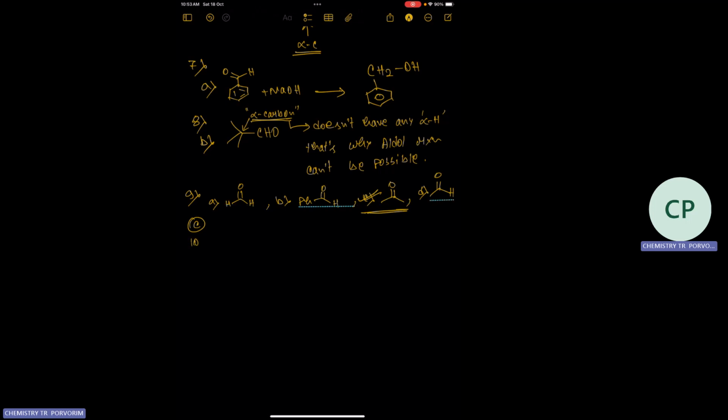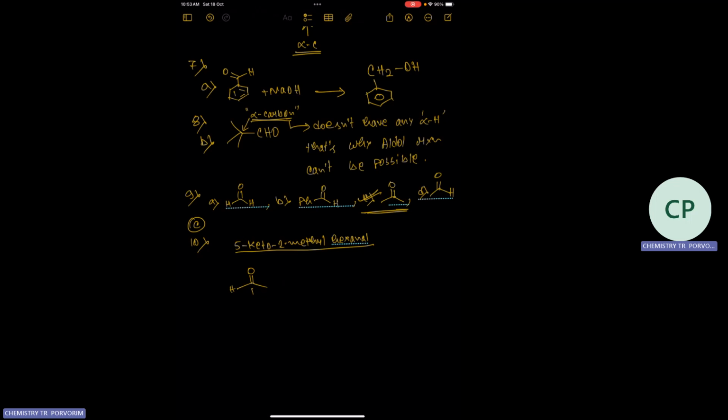Okay, 10. Which compound would give 5-keto-2-methylhexanal upon ozonolysis? We should draw the structure first. Hexanal, so the aldehyde is at the first carbon.